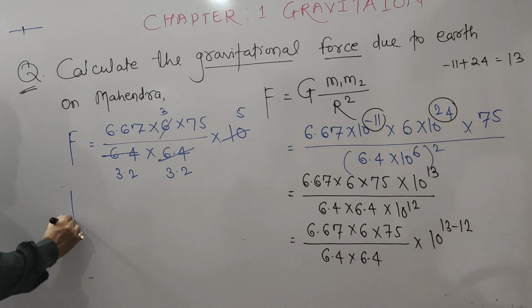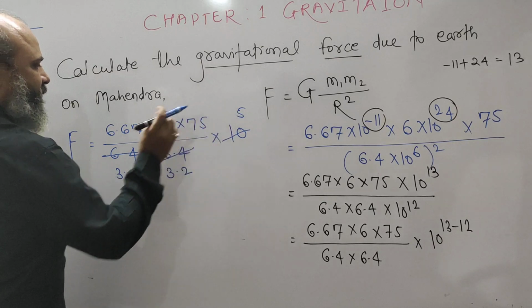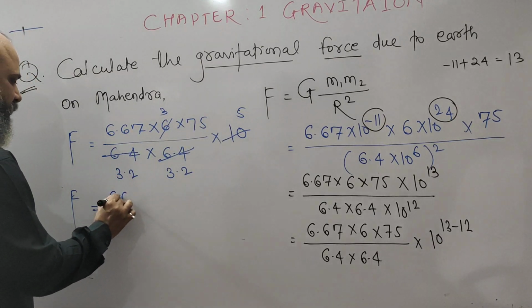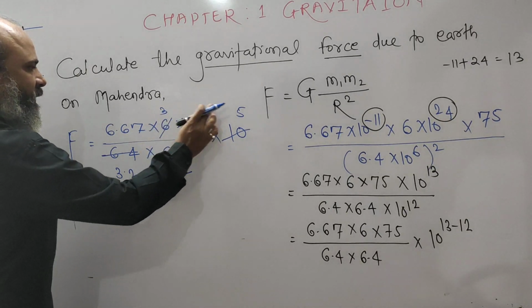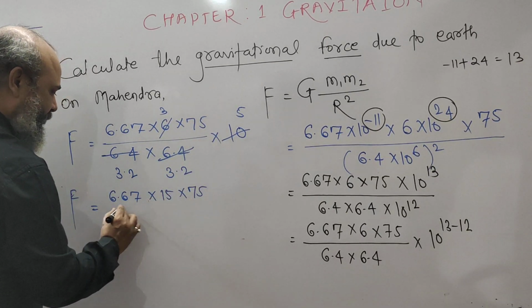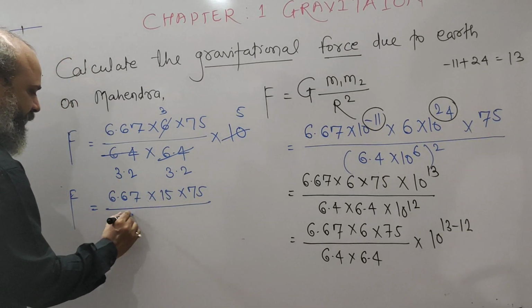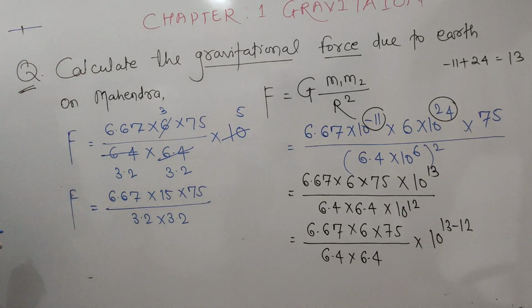So what you will get, you will just simply multiply. 3 5s are 15. So 6.67 into 15 into 75, divided by 3.2 multiplied by 3.2.